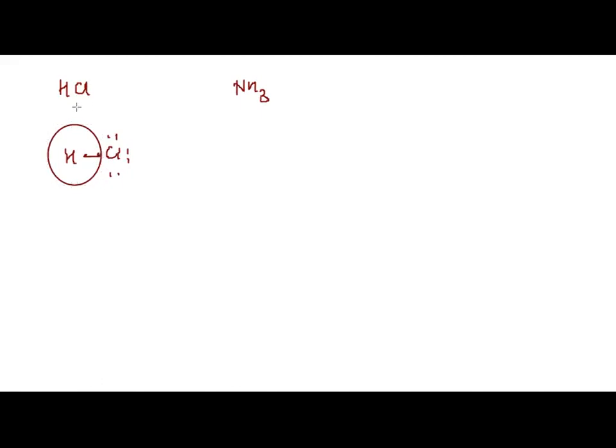Yes. Has chlorine completed its octet? Yes. Therefore, this is a single covalent bond. Similarly, NH3: nitrogen has 1, 2, 3, 4, 5 electrons, and hydrogen has 1 dot.